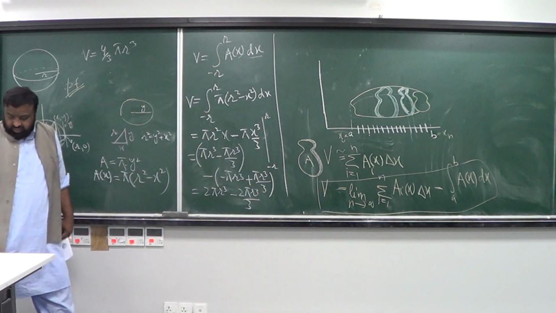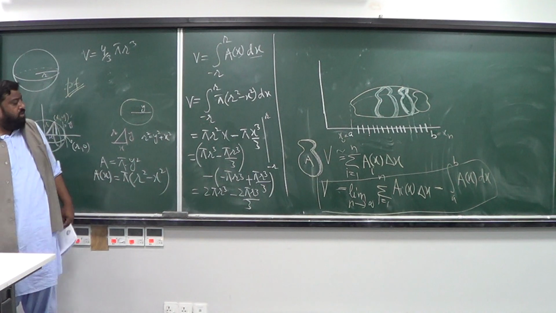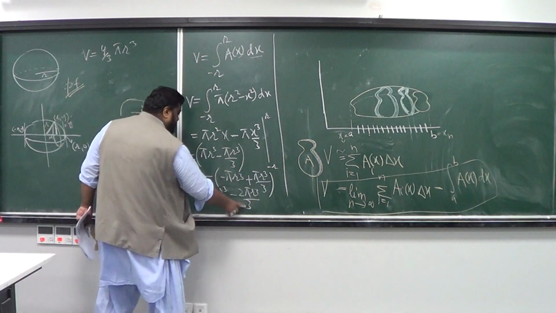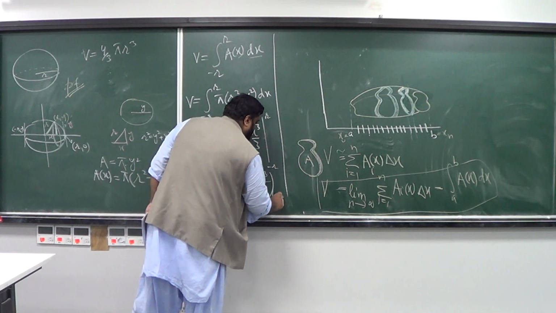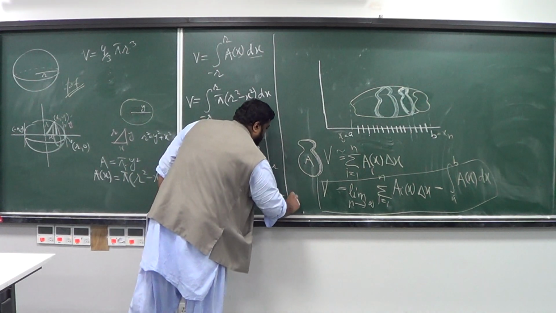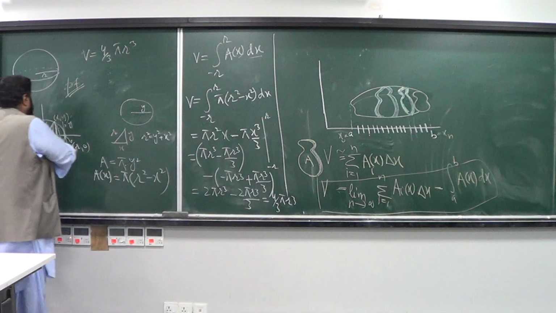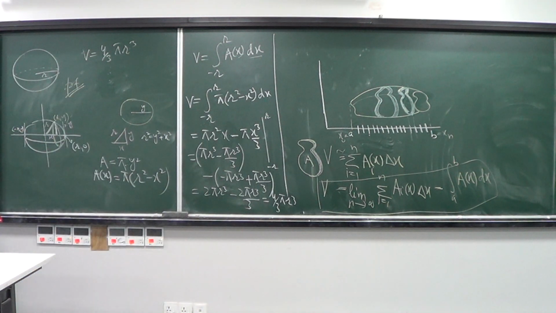Once you compute this number, it's 6 minus 2, so you get 4 upon 3 pi r cube, which is the volume of this entire sphere.